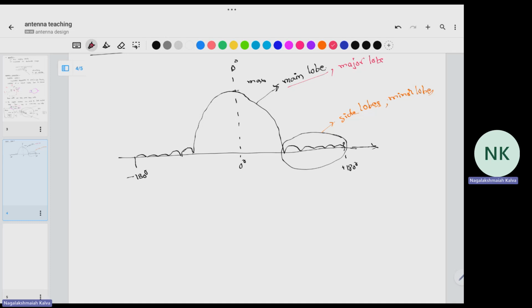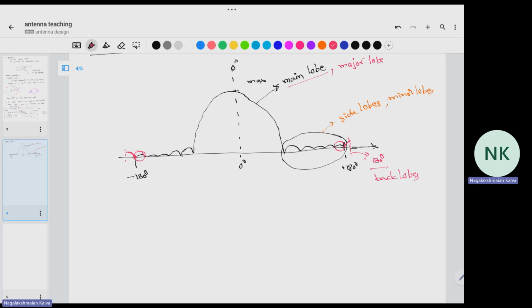And here, the lobe which is in the back side. Say suppose it ends like this and ends like this, these two combined together will form one lobe. The lobe which is at 180 degrees, you can call this the back lobe because it is present in the back side of the antenna.